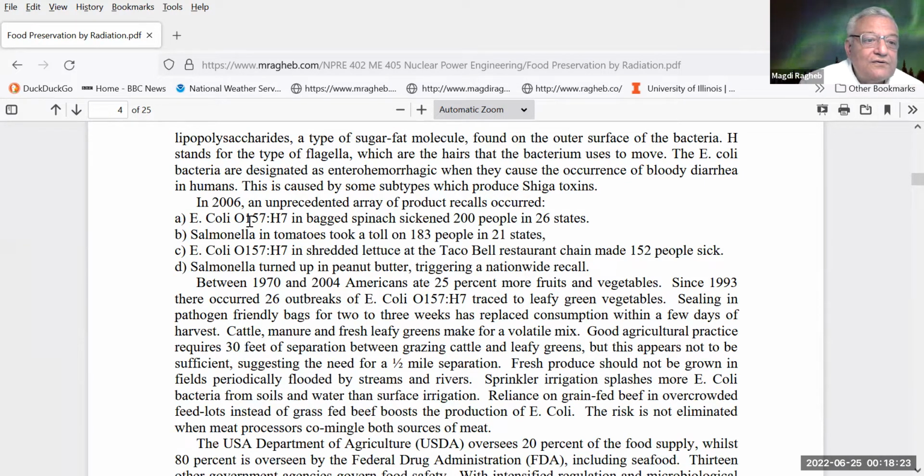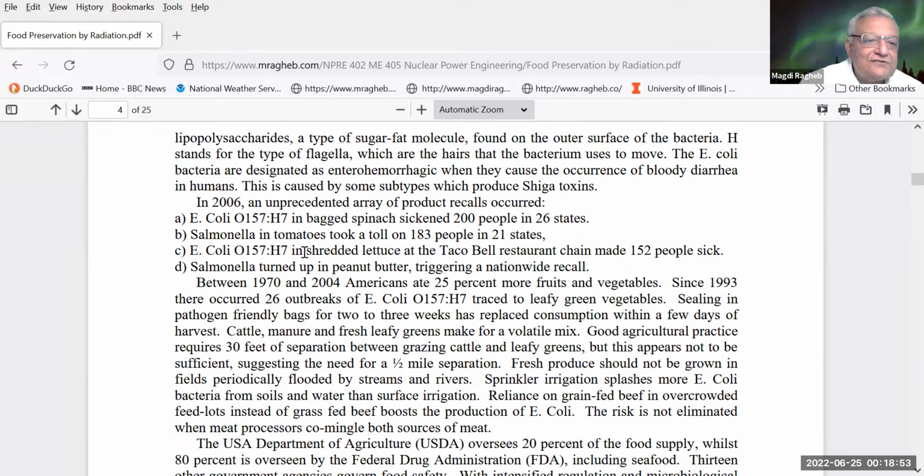The E. coli O157:H7 mutation made 200 people sick in 2006 in 26 states. Salmonella in tomatoes even took a toll on 183 people in 21 states. So you have to be careful eating from those restaurant kind of salad bars. If they're not careful, they can get you very sick.